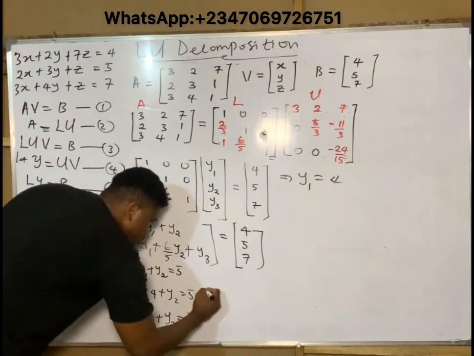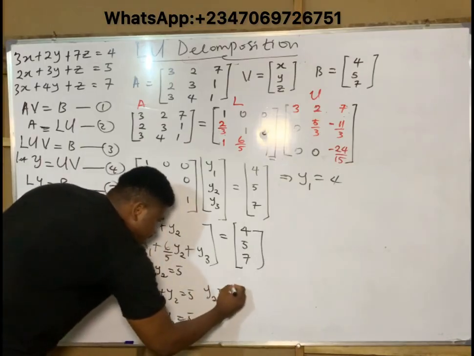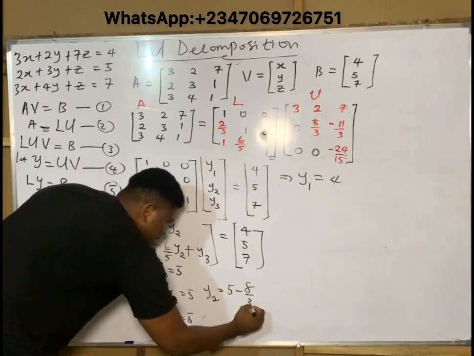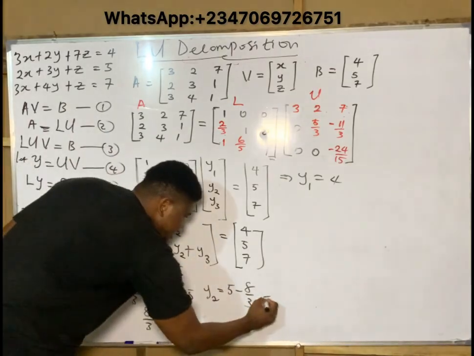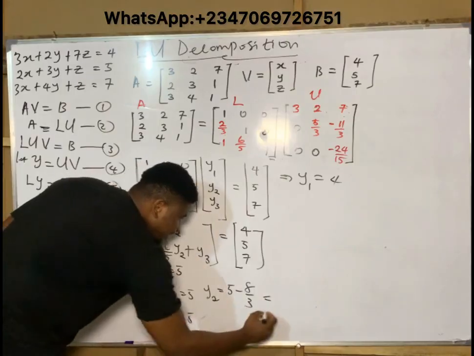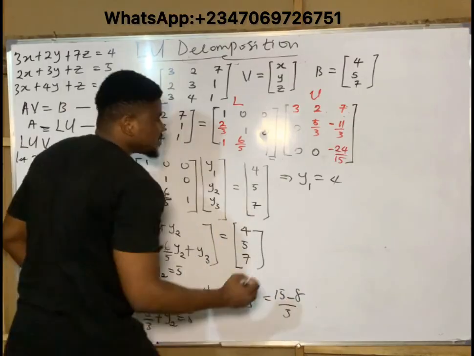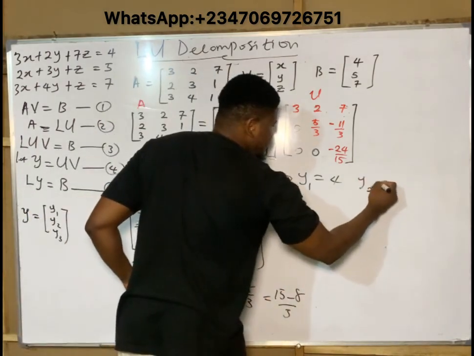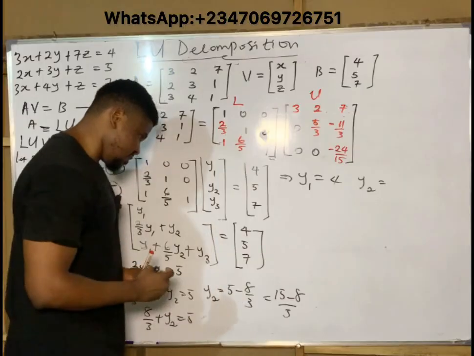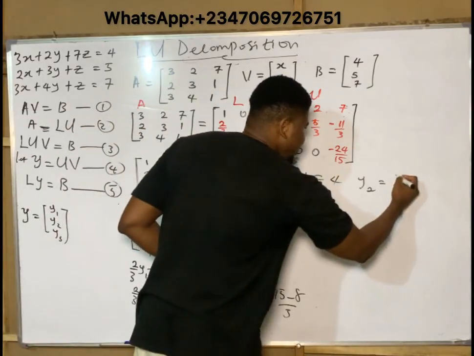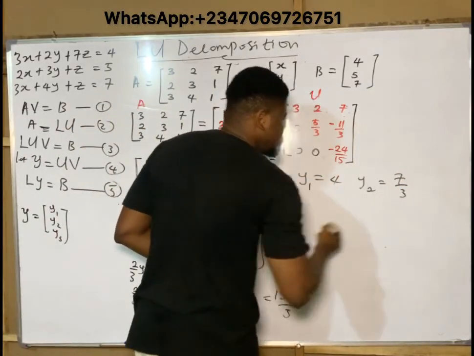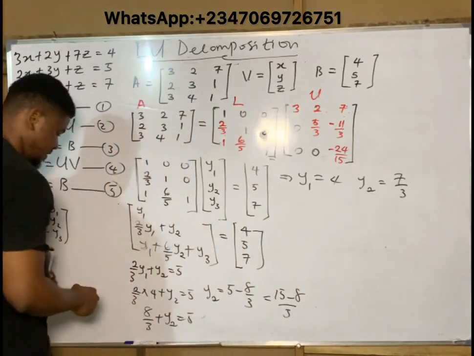We simply make y2 the subject. It becomes 5 minus 8 over 3. The LCM here is 3. 3 times 5 is 15, minus 8, all over 3. So y2 is going to be equal to 15 minus 8, which is 7, all over 3. So y2 is 7 over 3.